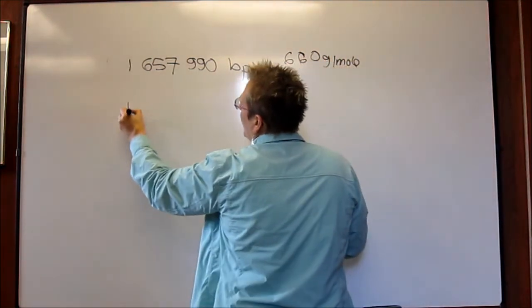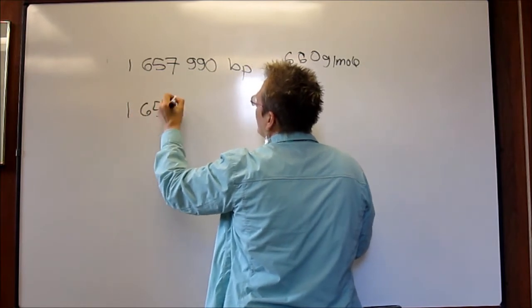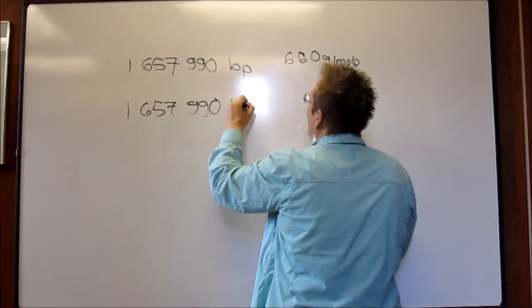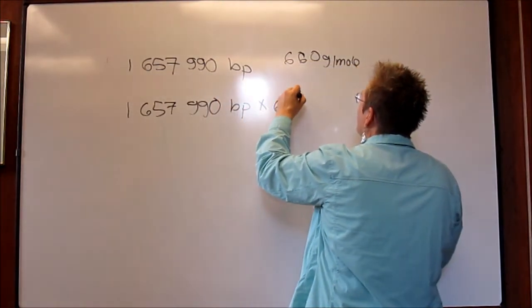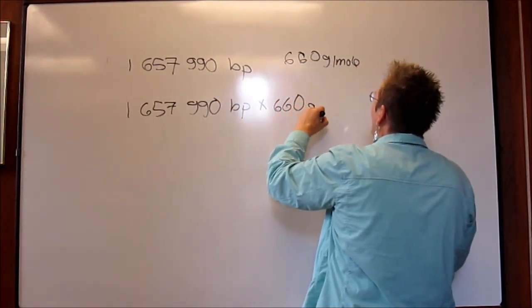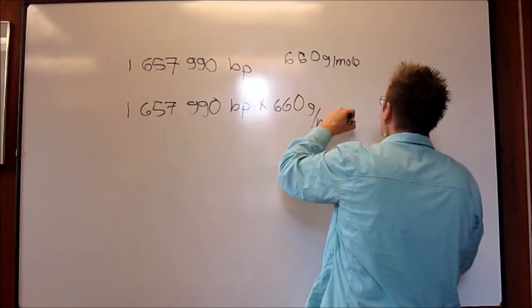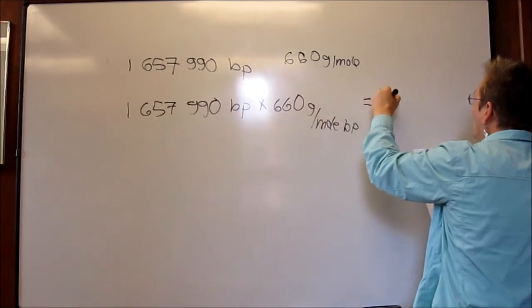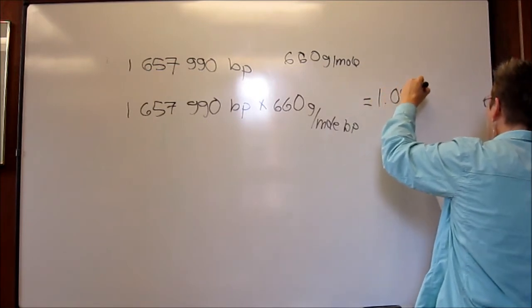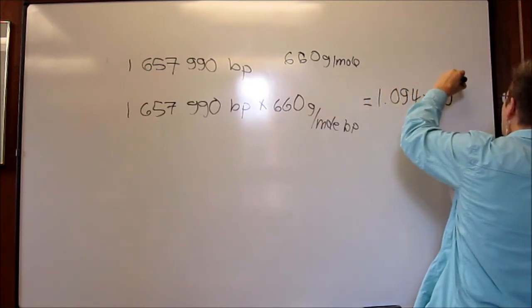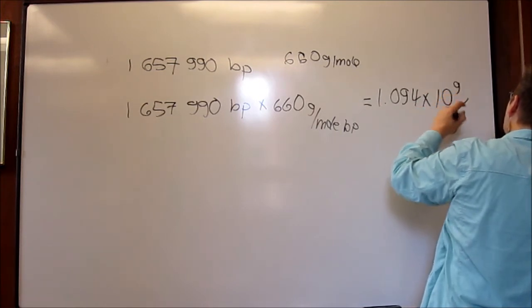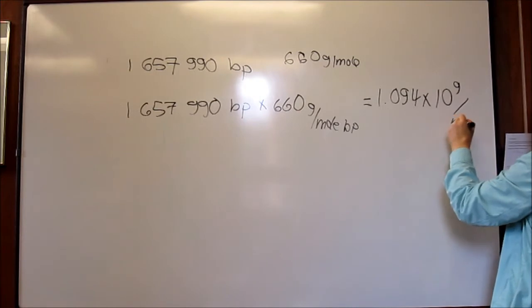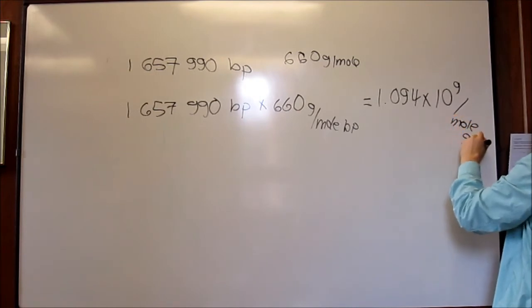Well, we have 1,657,990 base pairs times 660 grams per mole of base pair, which is equal to 1.094 times 10 to the 9 grams per mole of genome.